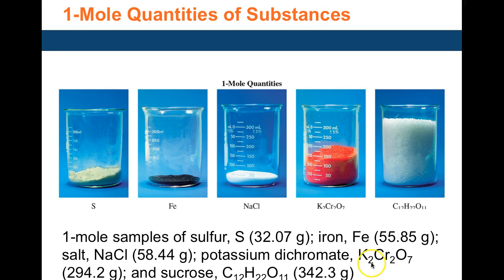That's a mole of potassium dichromate. And then sucrose, table sugar, 1 mole is 342 grams. So you see the mole quantities for different things are different, all right? For these elements, they're very small amounts, whereas a molecular compound like sucrose is so high.